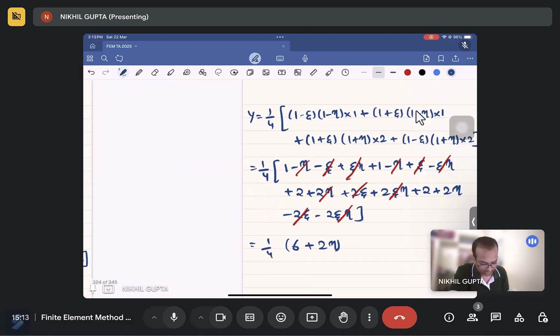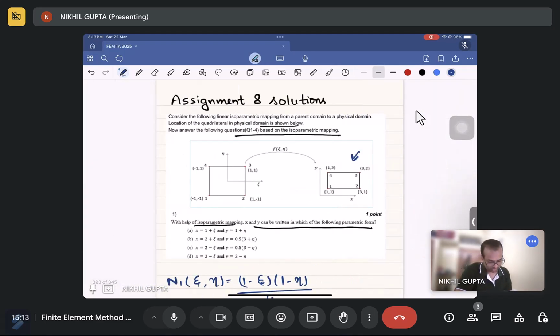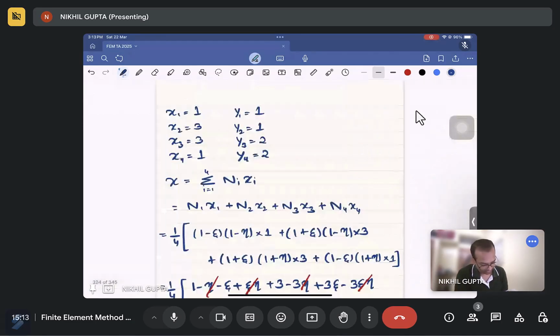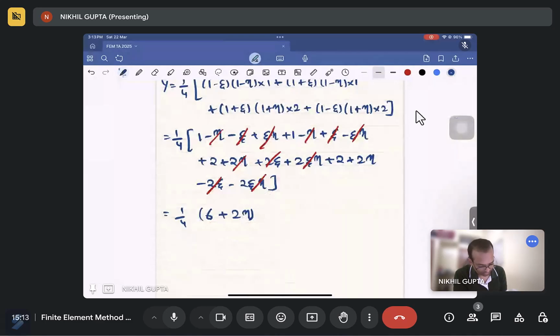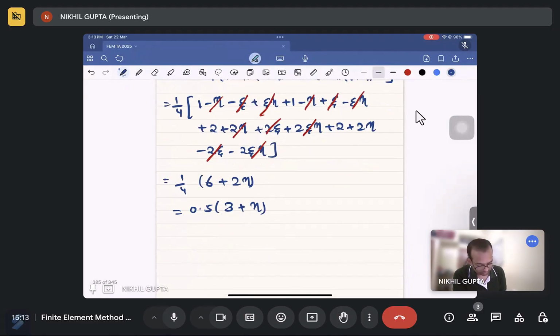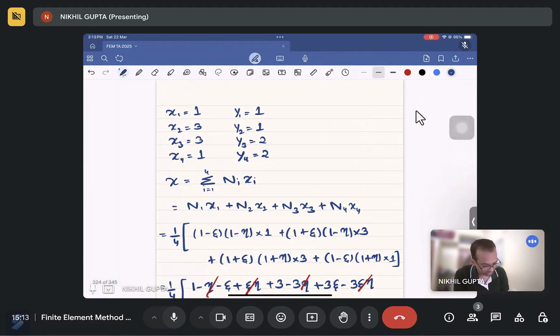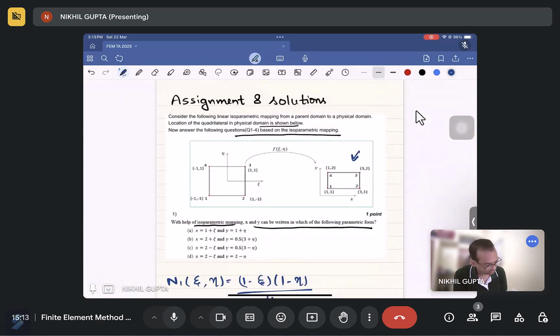So if you check the solution, it's 3 into 0.5, so we can write 0.5 outside, and we get 3 plus eta. So this is y, and this is x, 2 plus xi. So if you see, the solution is B.